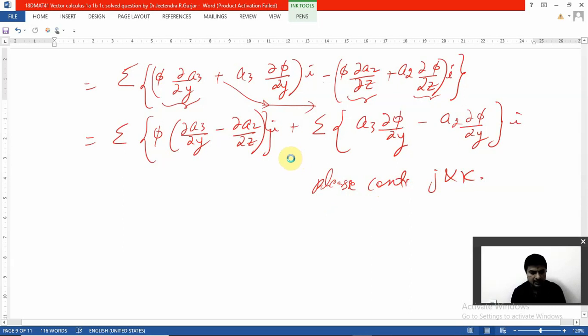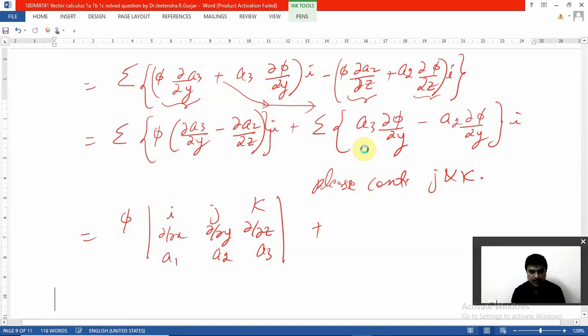So this is equal to, so when you simplify this and open the brackets, you see that this is phi of, yes friends, directly you can take i j k, dou upon dou x, dou upon dou y, dou upon dou z, a1 a2 and a3, plus, here there is no phi term outside, so here I have taken the phi term outside.